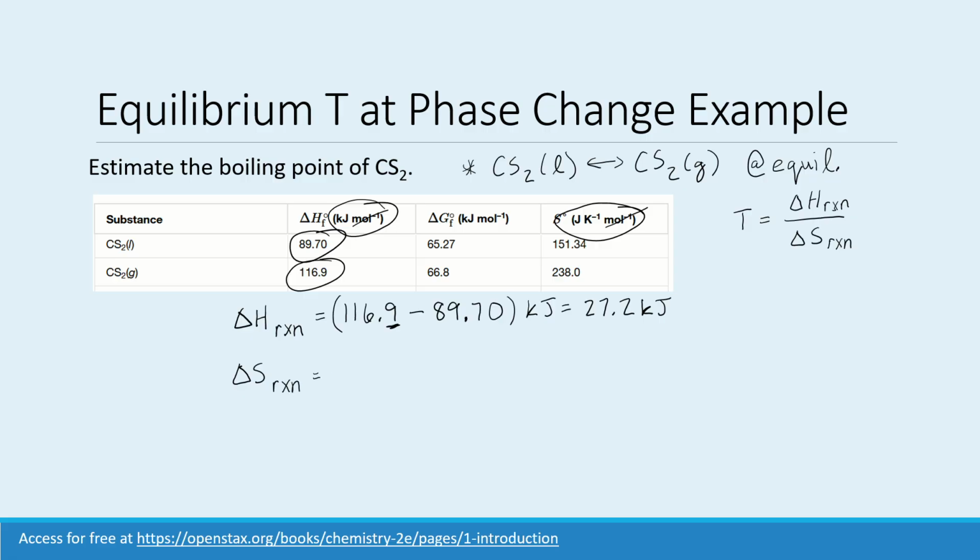Okay, and then we're going to do the same thing for the change in entropy of the reaction. Again, starting out with that gas, which is your product. So that's 238 minus the 151.34. Okay, and that's in units of joules per Kelvin.